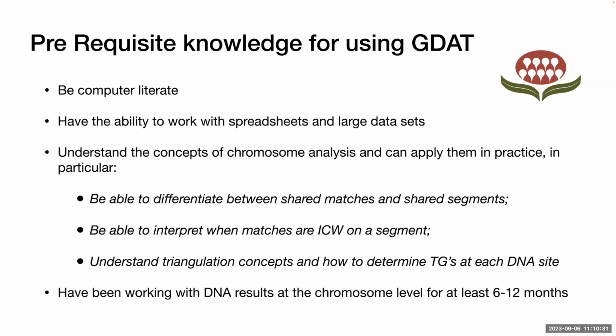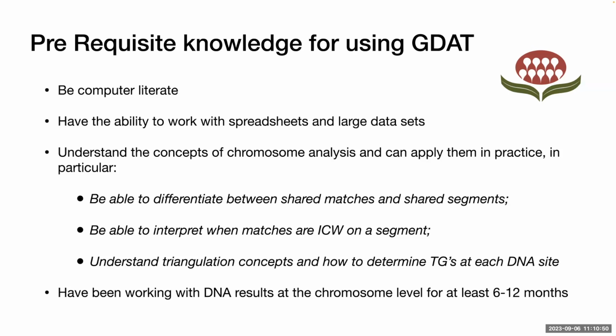So in terms of the chromosome analysis concepts, you must know how to distinguish between shared matches and shared segments, to be able to interpret when matches are in common on a segment, and to understand the triangulation concept, so determining triangulated groups and that sort of thing.